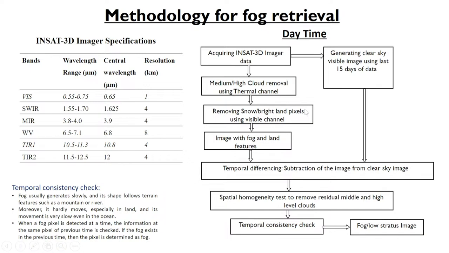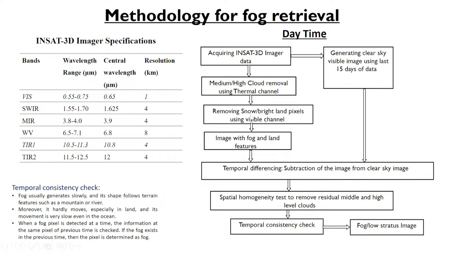Similarly, the bright land pixels also have very high reflectance and they are also masked. One example of bright land pixels is the desert. So if you see the visible images, bright land pixels or desert areas also have very high reflectance. So both snow and bright land pixels shall be removed using the visible channel.